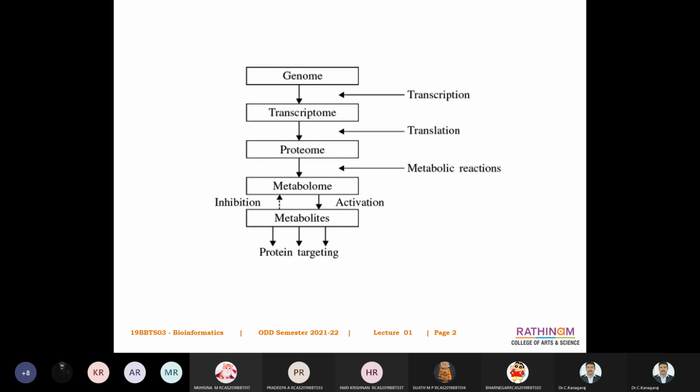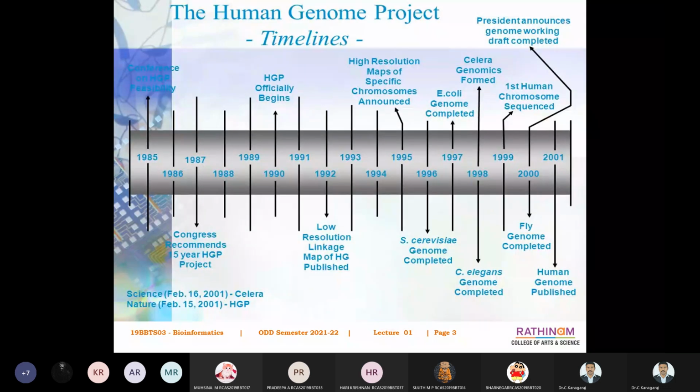We can divide bioinformatics in different ways: genome-based analysis is genomics, transcription-based analysis gives the transcriptome, protein-based gives the proteome, and metabolism-based prediction tools give the metabolome, the metabolites. These are the different areas available in bioinformatics.